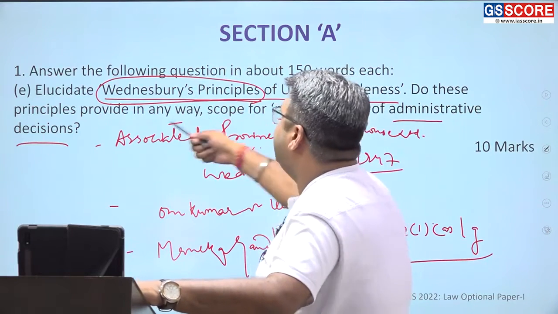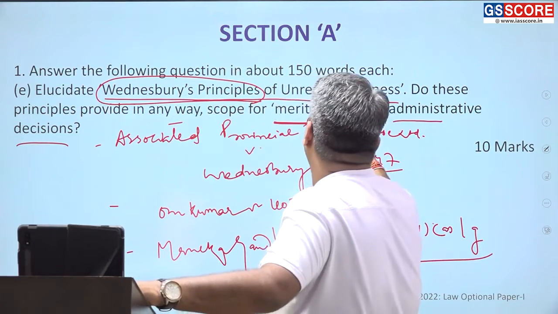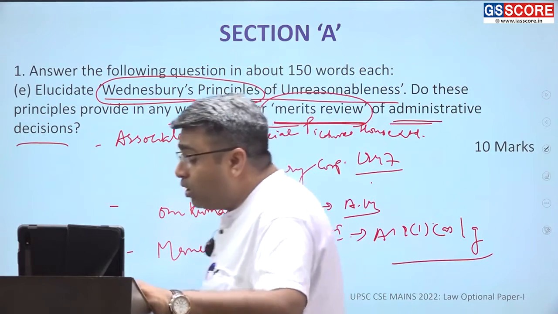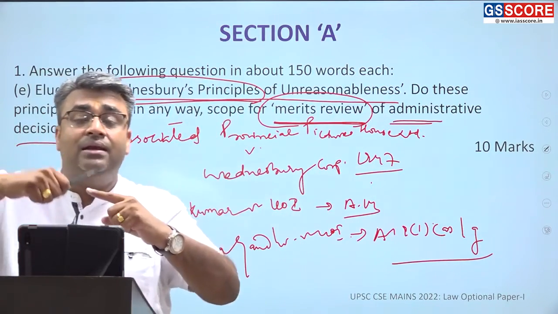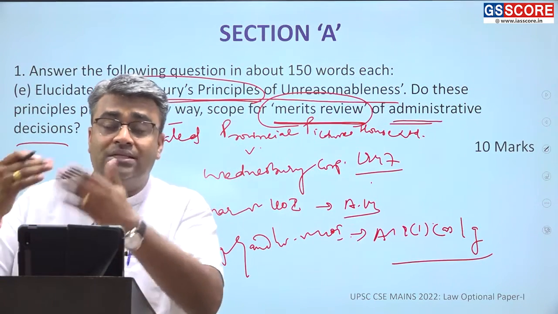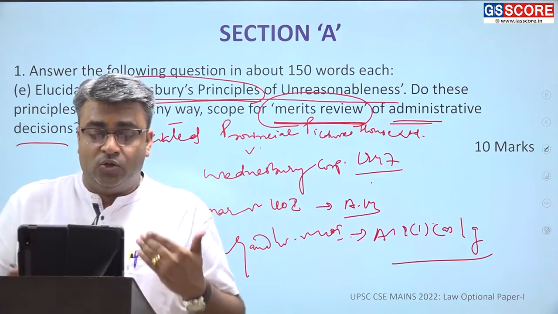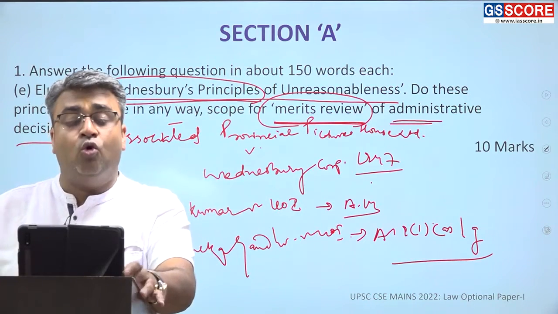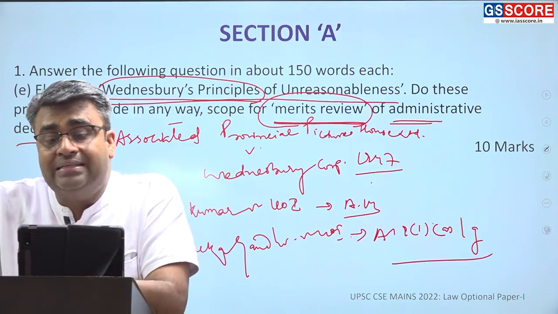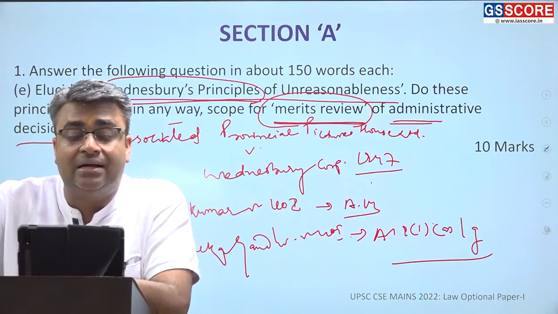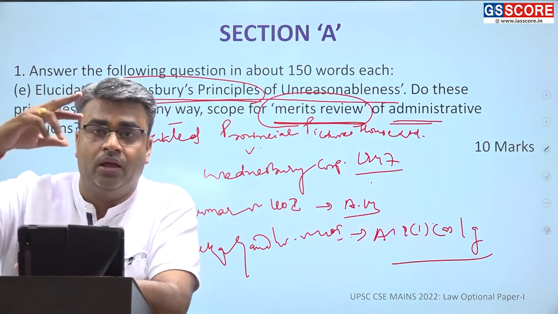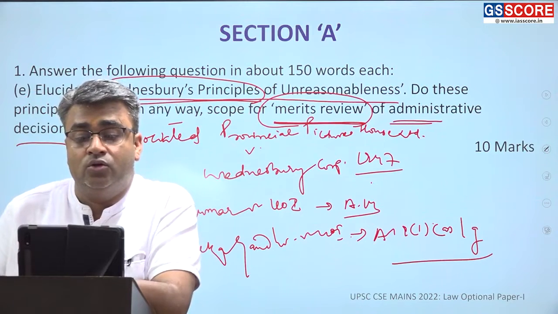So, do these principles provide any scope for merits review of administrative decisions? Obviously, because when you talk about how no reasonable man would, in a reasonable manner, take this decision, this is obviously about the merits. In Om Kumar versus Union of India, the Supreme Court recognized the proportionality test in the Indian context, because it is actually about proportionality.